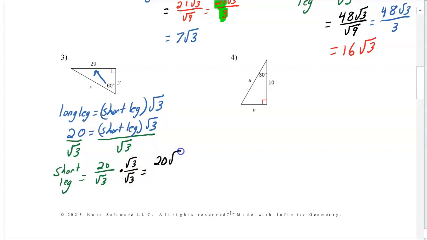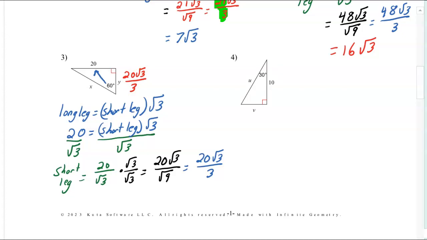So you get 20 square root of 3 over the square root of 9. And when you simplify this, you get 20 square root of 3 over 3. And it's okay to leave your answer like that as a fraction. So the short leg is 20 square root of 3 over 3.